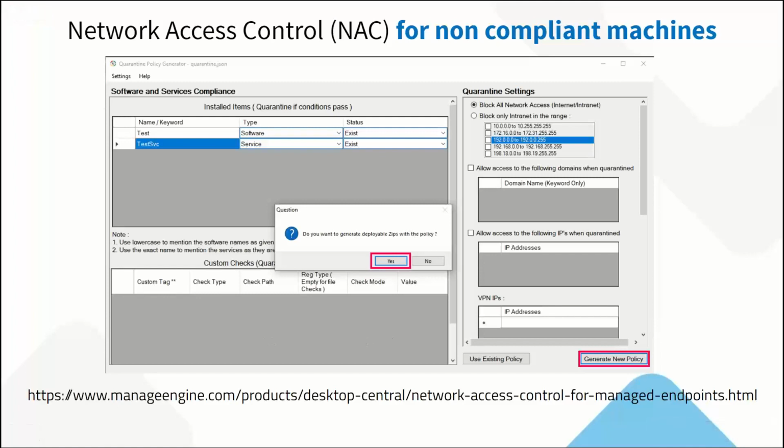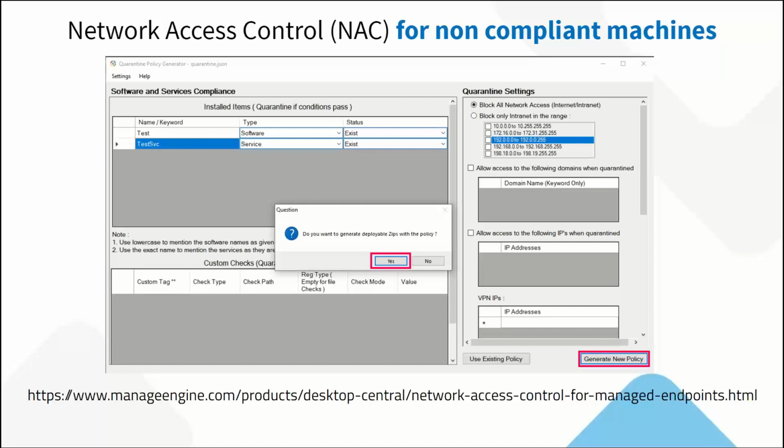Once you download this module, you get a quarantine policy generator like this. You can open this, and on the left hand side, you can configure the compliance policy checks. That is, you can configure policies for software and service checks based on your organization's compliance requirements.